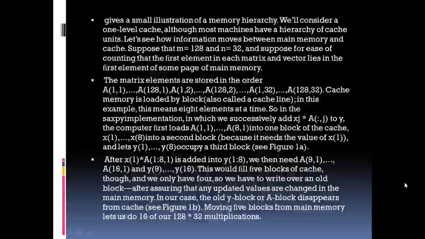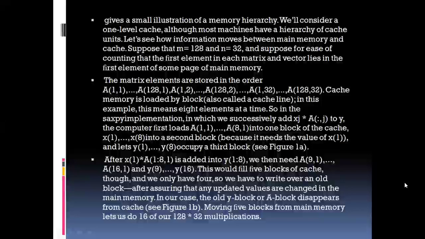The matrix elements are stored in order: a(1,1), a(2,1), up to a(128,1), then a(1,2), up to a(128,2), and in the same way. Cache memory is loaded by block. In this example, this means 8 elements at a time.